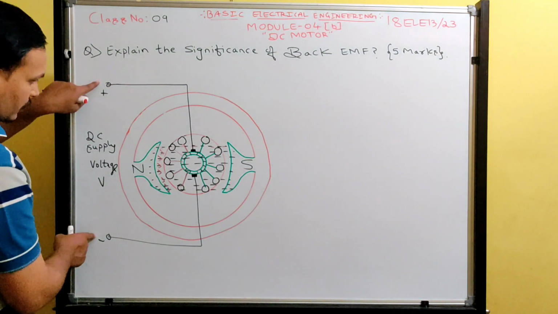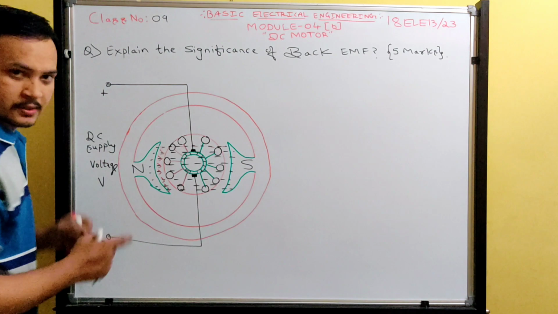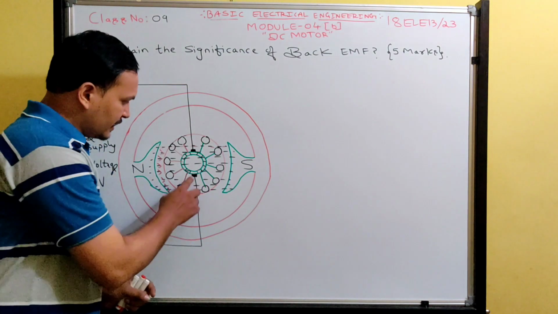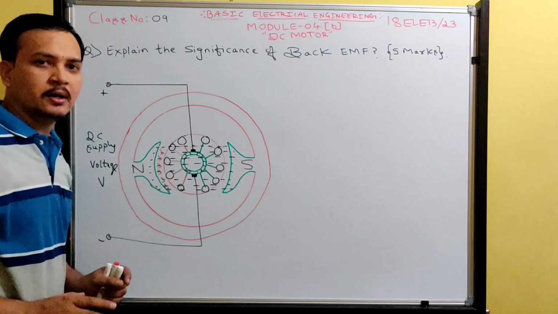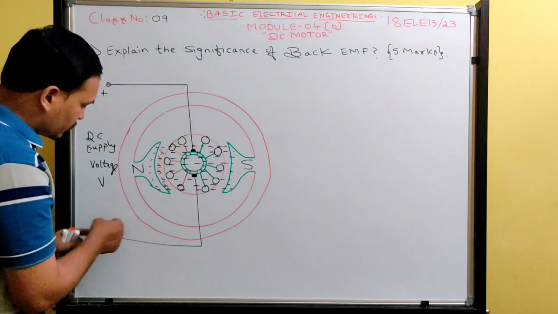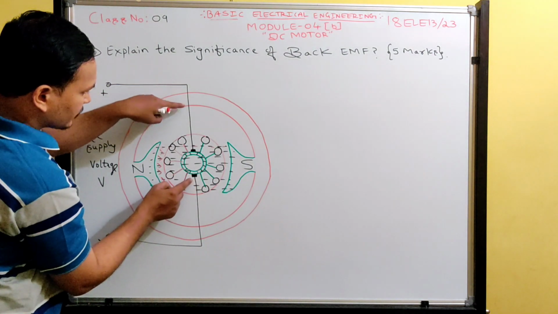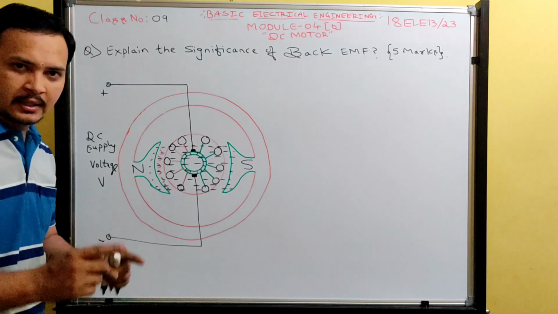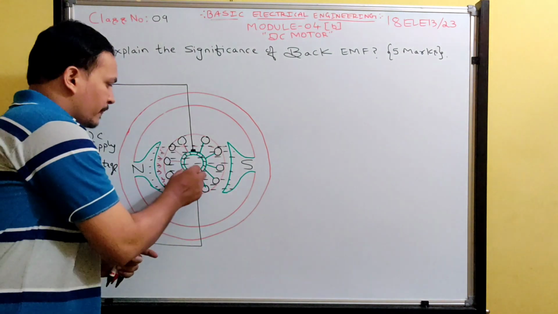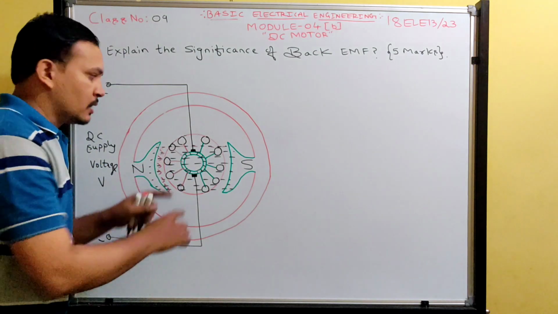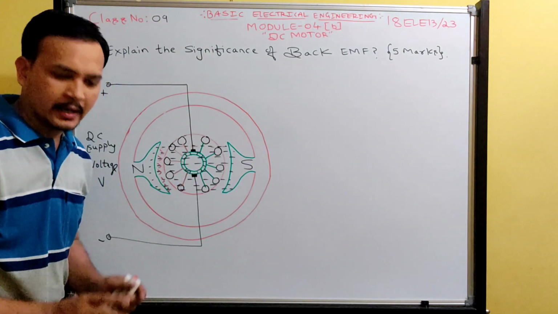So whenever this voltage is applied to these brushes, see, these brushes will not rotate. They just have contact with the segments. So whenever this voltage is applied here, that voltage and all these conductors are connected in series. So this voltage is going to drive current in this entire armature conductors.